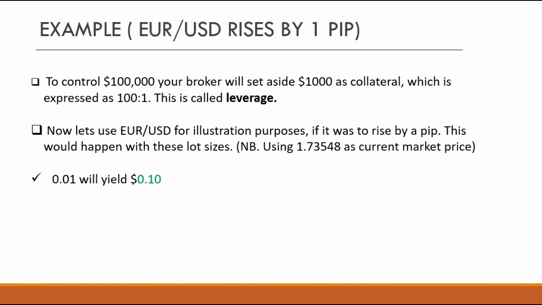With 0.01 lot, you would make 0.1 US dollars. With 0.10 lot, you will yield a dollar. With a standard lot, which is 1.00 lot, you will then yield 10 US dollars.